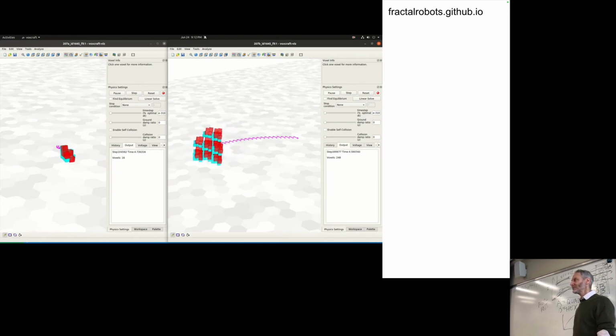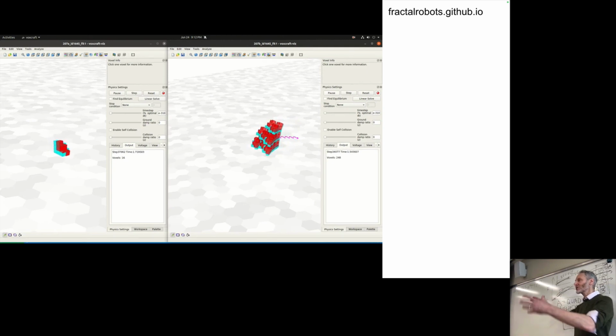Make sense? Again, aside from the fact that you can do this, why might you want to do this? Why might we want to task evolutionary algorithms with designing fractal robots? Robots that can be structurally composed together in similar structures at different size scales, and when you do, they do the same thing.